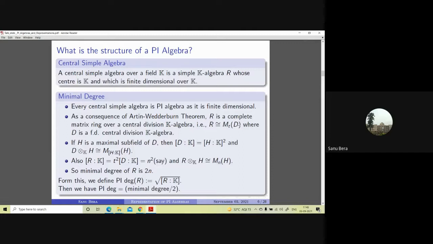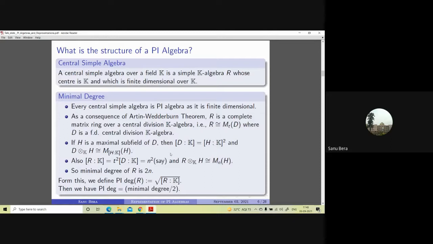And that is one important result on division algebras. The dimension of a finite dimensional division algebra is always a perfect square, and any maximal subfield H divides the dimension into two equal parts of that central division algebra.